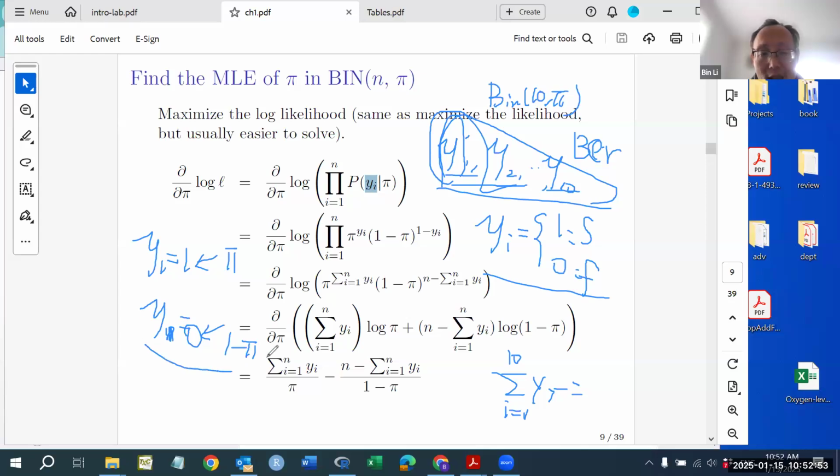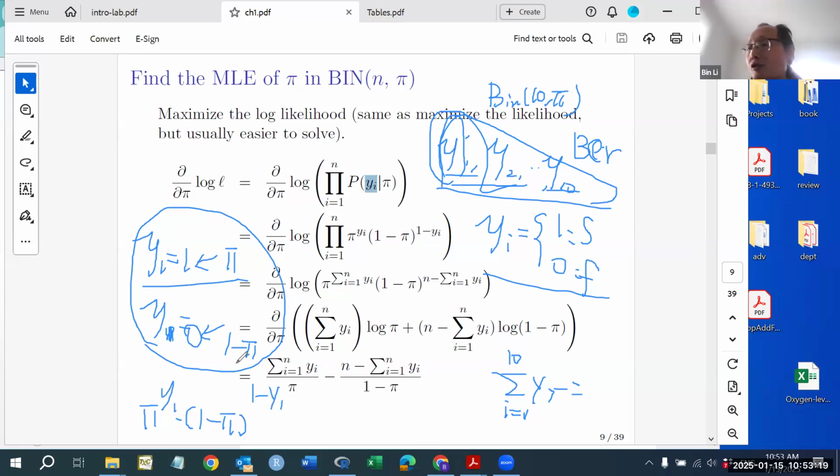Okay, so can we write out a formula just to represent that? Yes. So what we can do is we can write pi to the power of y1 times 1 minus pi to the power of 1 minus y1. So you see, if I write it this way, it's exactly the same. Let's try it.